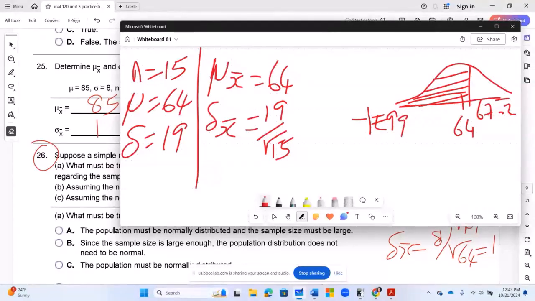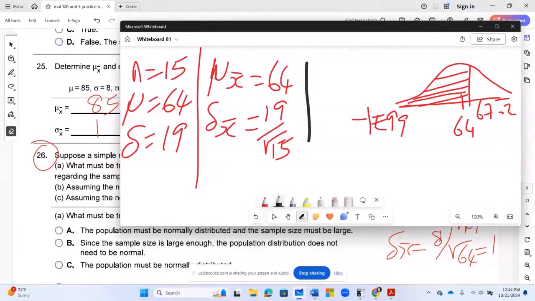All right, so I am going to write the argument that I will give my calculator. I'll tell my calculator that I'm looking for the area to the left of 67.2. All these are raw data, but you already know that my calculator can calculate the area under the standard normal curve.